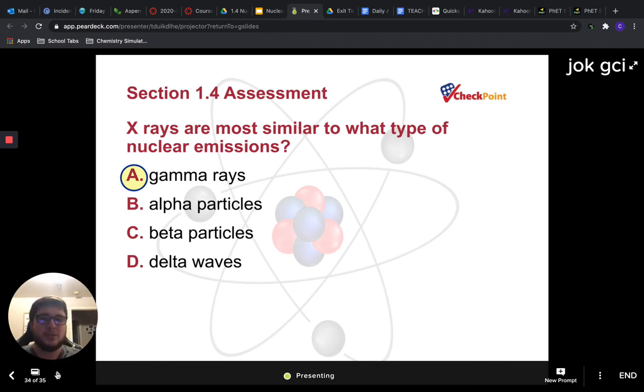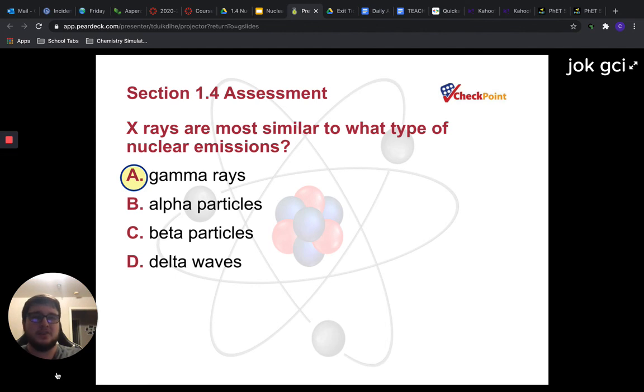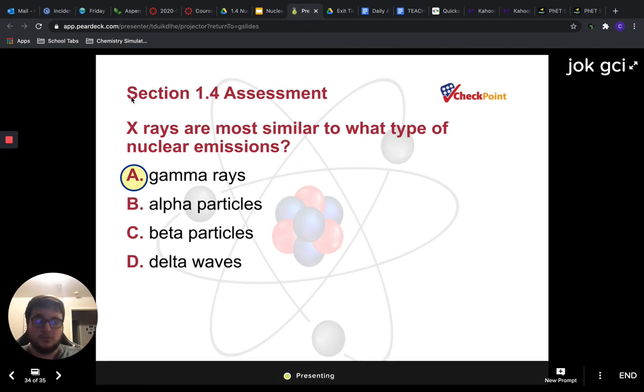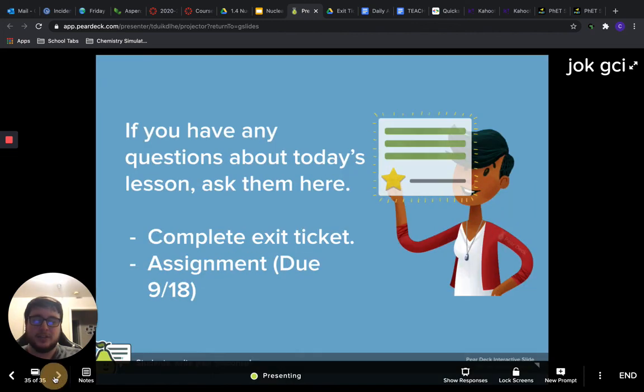Remember, gamma rays are the most dangerous type of radiation because hardly anything can stop them. They can get into your body. They can mess with the way your cells and your body function. And so it's good to limit the amount of gamma radiation and X-rays that you're exposed to so that you can stay healthy. So if you said gamma rays, then great job.